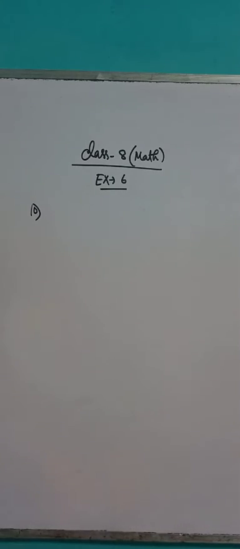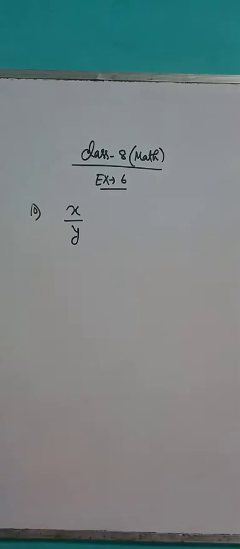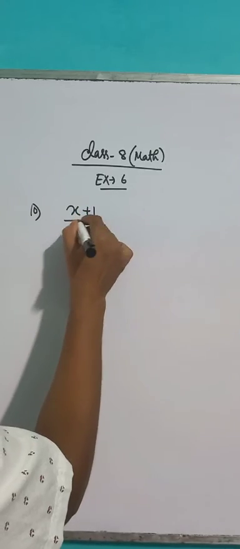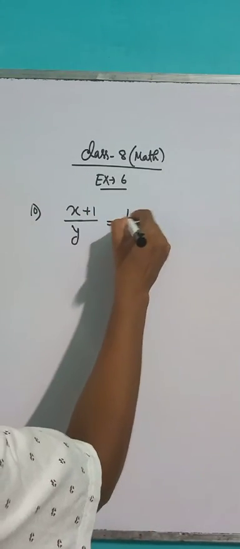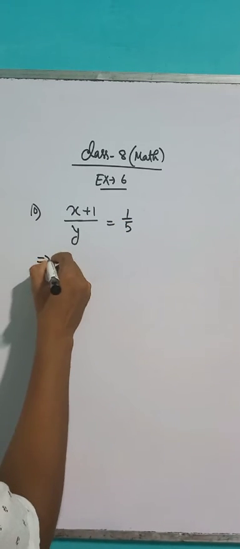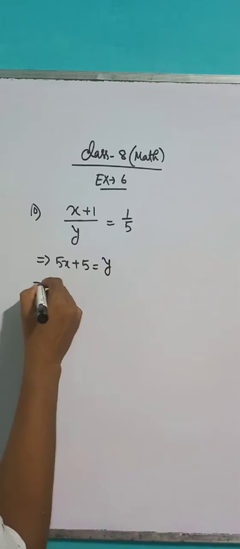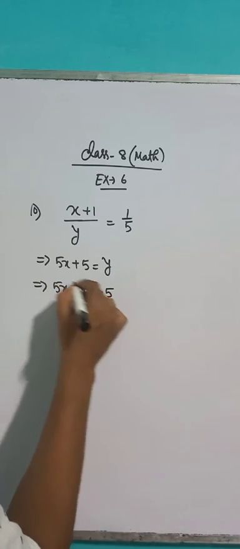If 1 is added to the numerator of the fraction, it becomes 1 by 5. Suppose the fraction is x by y. If the numerator is added by 1, it becomes 1 by 5. That means 5x plus 5 is equal to y, so 5x minus y is equal to minus 5.